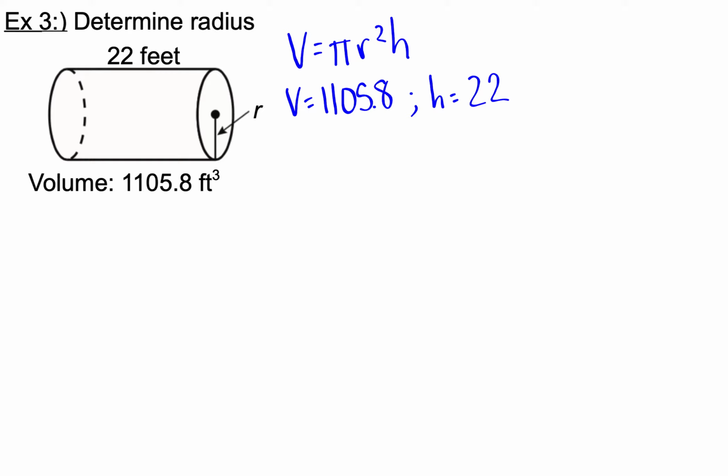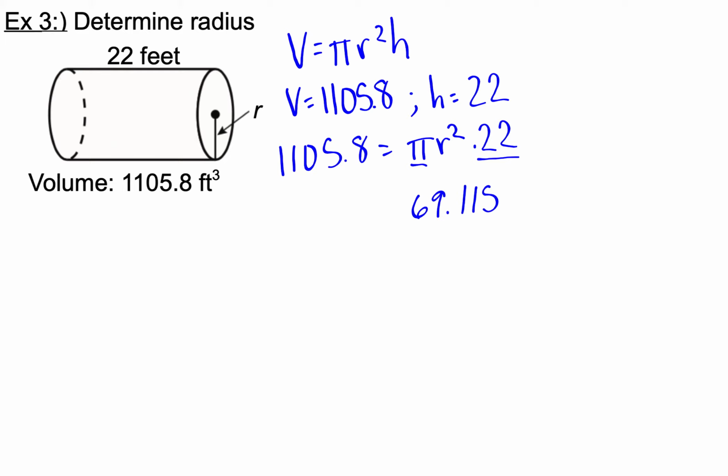Next step, you would plug in V, 1,105.8. R, we don't know, so we leave it as R, and H is 22. Again, this can be done the two ways, as we did before. Way number 1, on my calculator, I calculate 22 times pi, and that is 69.11503, and that times r squared equals 1105.8. Then I would divide by this 69.115.